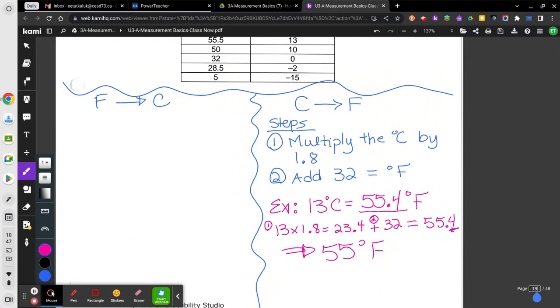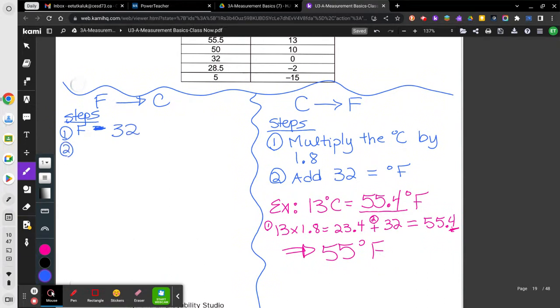Okay. All right. Now we're going to go on the left side and we're going to convert Fahrenheit to Celsius. We have a couple steps to use. First step. Here's our steps to write down. Step 1, Fahrenheit, subtract 32.